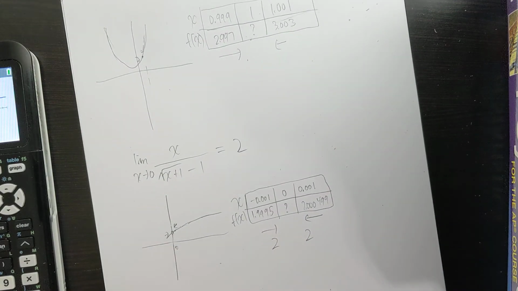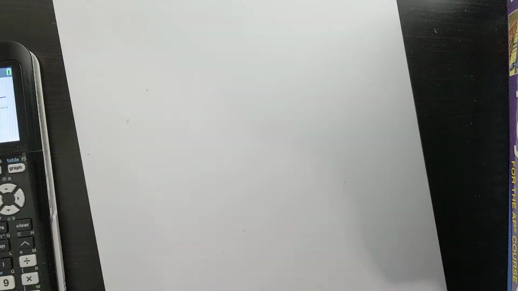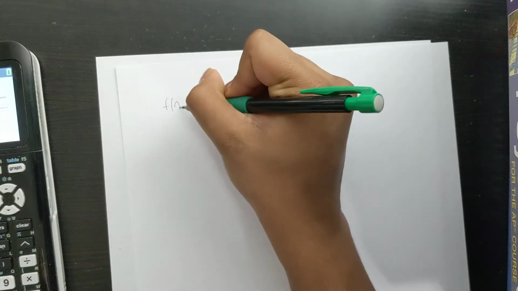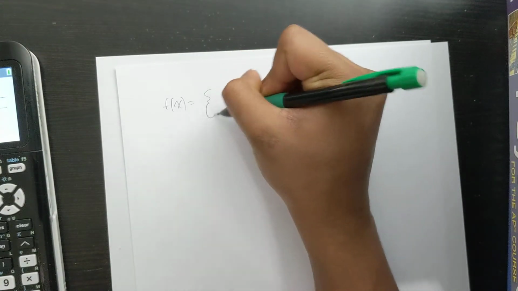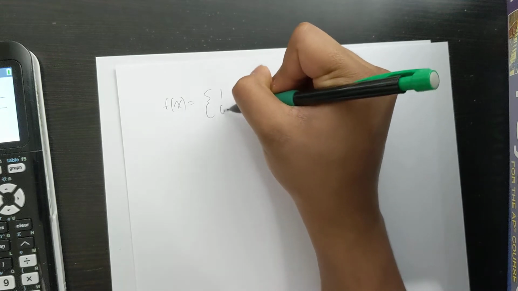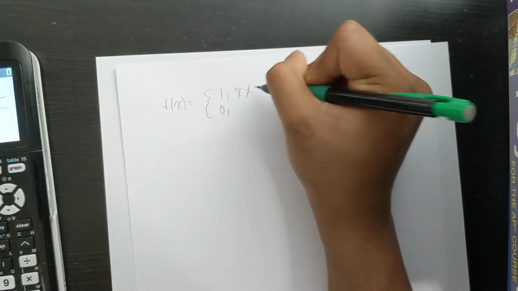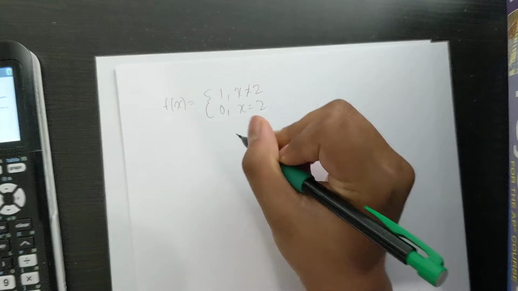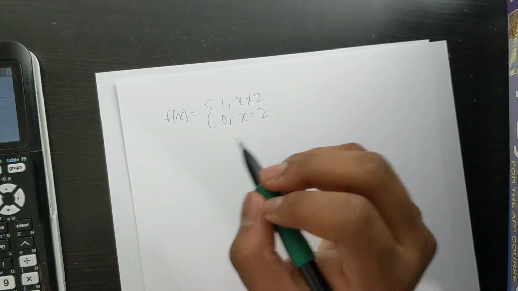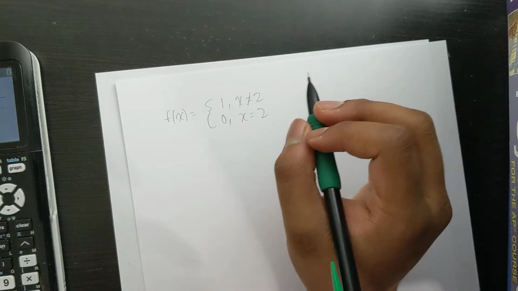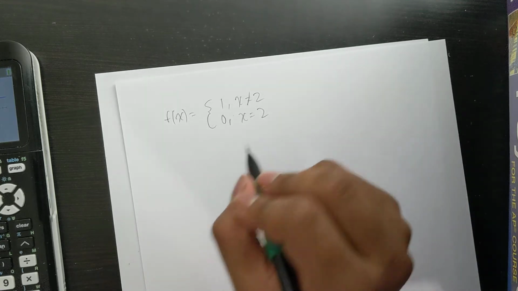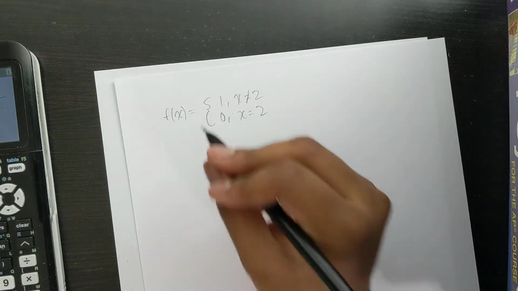We'll do one more example where the limit does exist. So we'll do the limit of a piecewise function. f of x equals 1 when x doesn't equal 2, and 0 when x equals 2. So basically, f of x equals 1 for all values except 2, and then it equals 0 when x is 2.